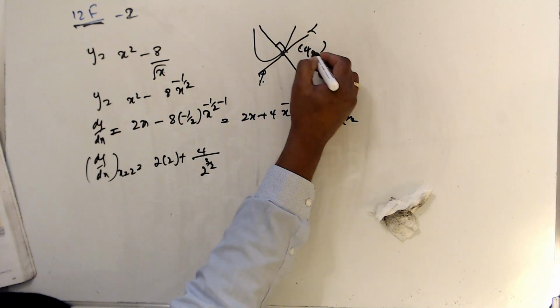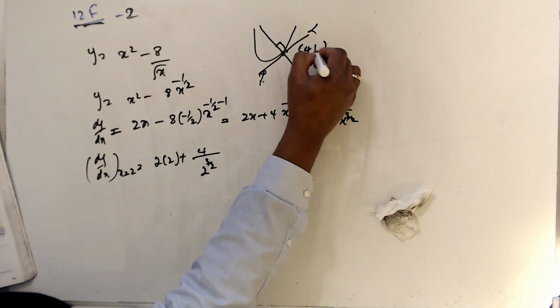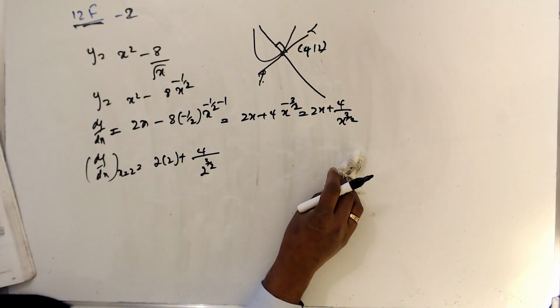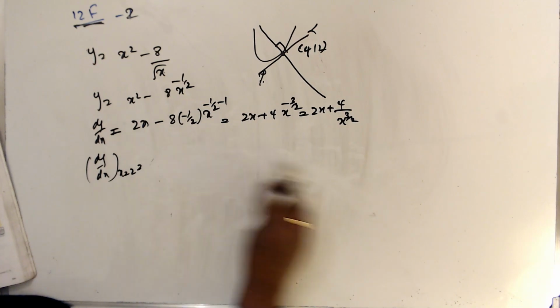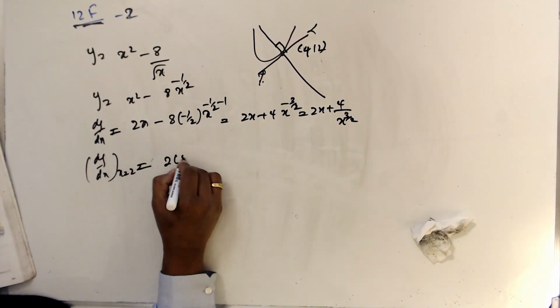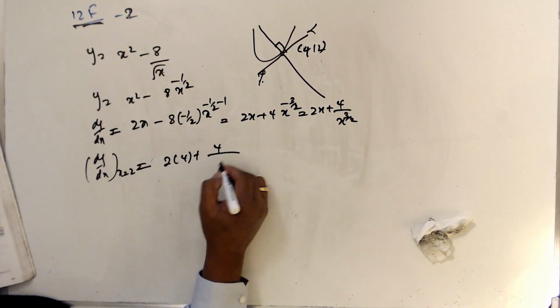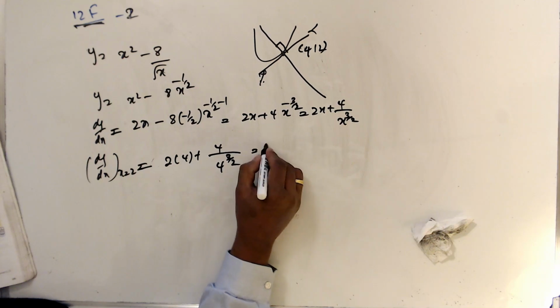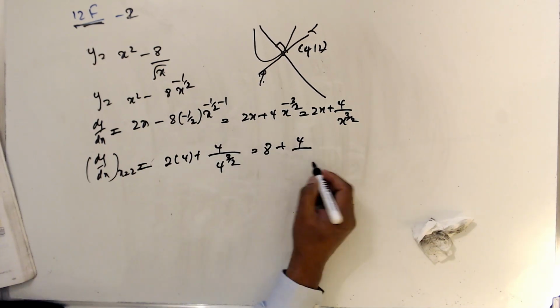This is 4 and 12. I pick up the next point. So again, it's going to be 2 times 4 plus 4 over 4 to the 3 over 2. So this is 8 and 4 over, what is this value?